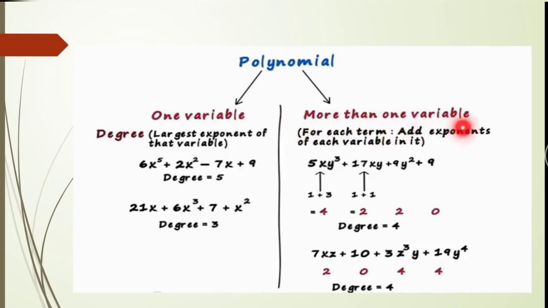For more than one variable, for each term, add the exponents of each variable in it. 5xy cube has 1 plus 3, power 4; xy has 1 plus 1, 2; y square, 2; and 9, power 0. It means the degree of the polynomial is 4. Same in this expression, after adding the exponents, the degree is 4.